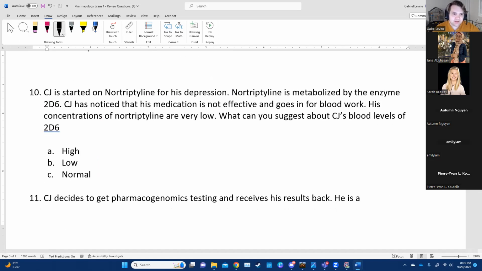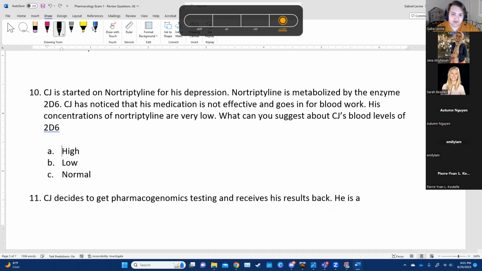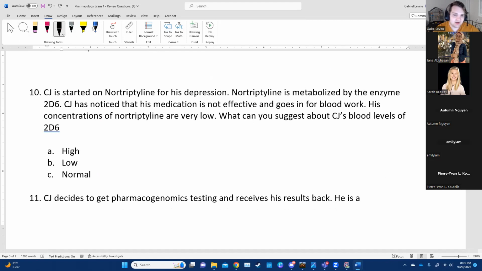CJ started on nortriptyline for his depression. Nortriptyline is metabolized by the enzyme 2D6. He has noticed that his medication is not as effective and goes in for blood work. His concentration of nortriptyline is very low. What can you suggest about his blood levels of the enzyme?